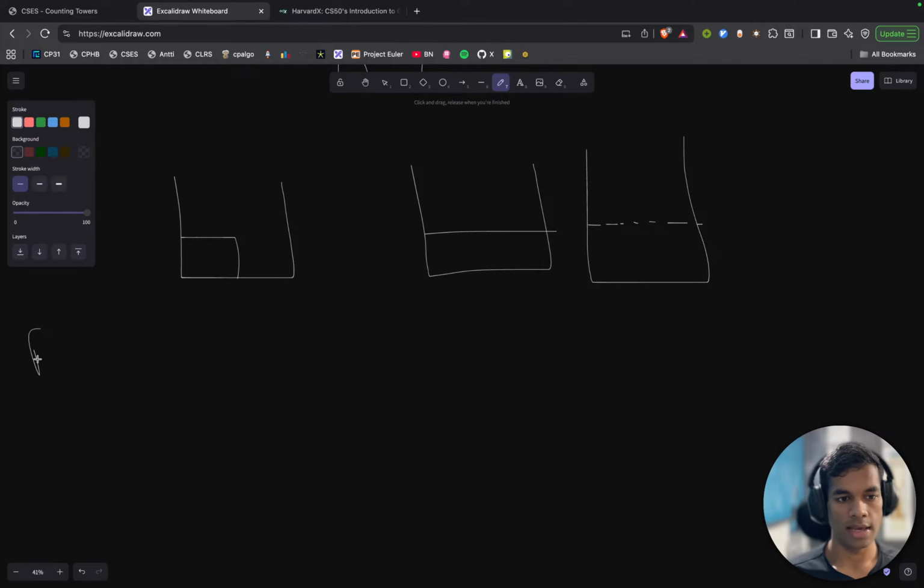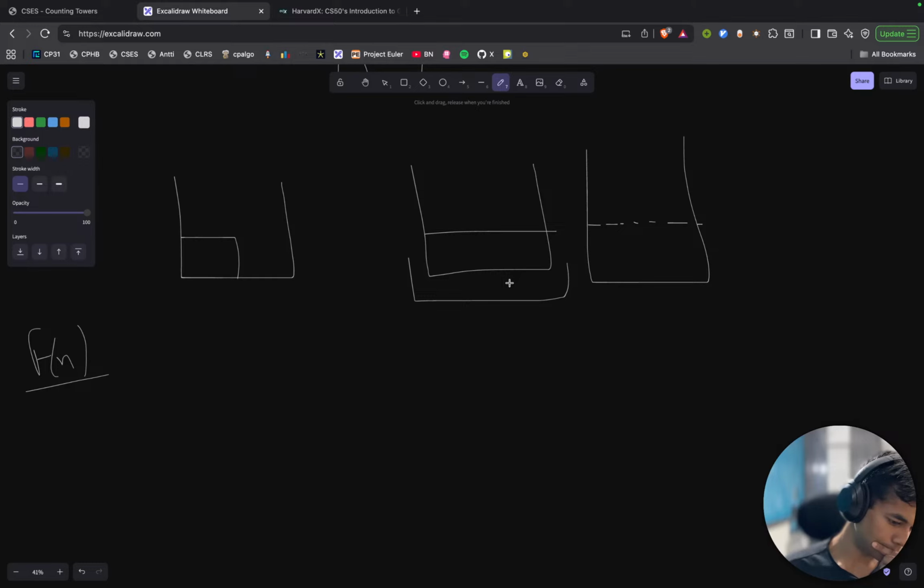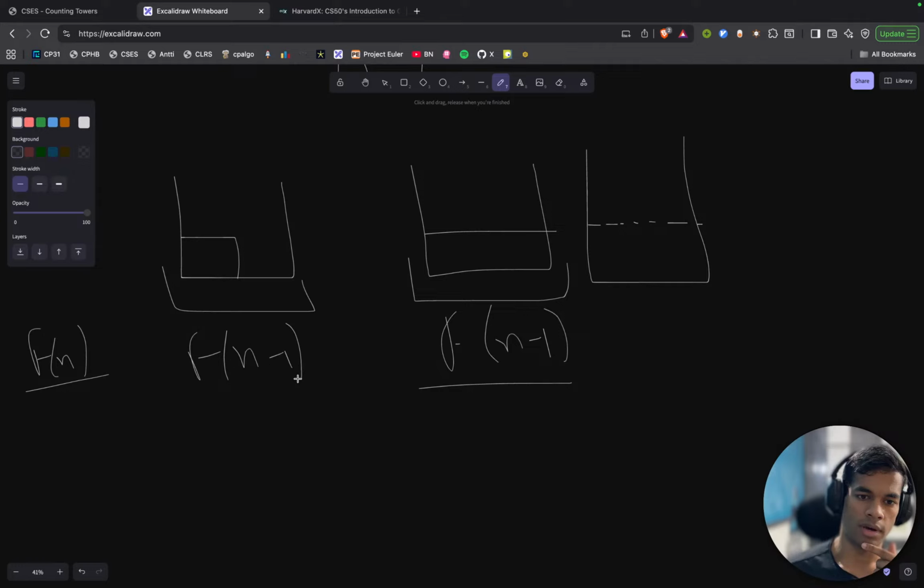If we say n is our answer, then making this choice, our problem is just fn minus 1, right? We can make any choice we want. And for this also, our answer is just fn minus 1 into 2 actually, because there is also the mirror image for this one.